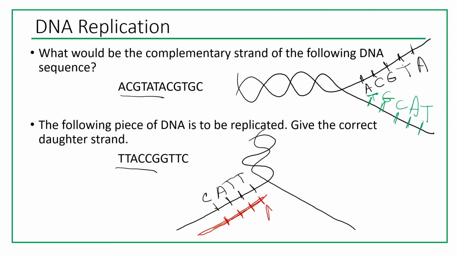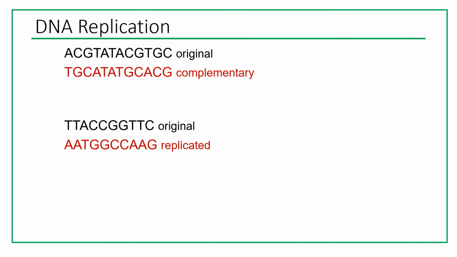So this will be A, A, T, and G, and so on. We do have answers to these questions on our next slide. Okay, so here are the answers. You can pause the video and check those answers.